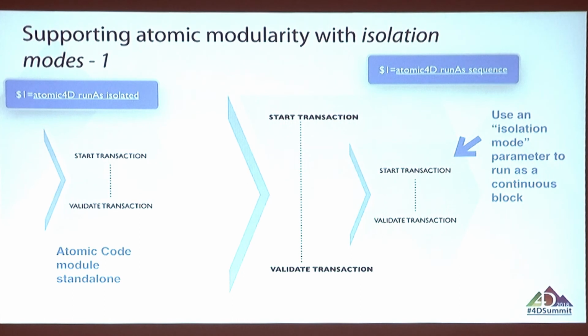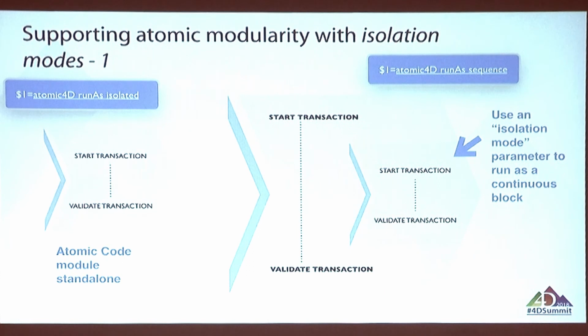This is simply a little point on modularity. If you write code with start transaction in it, that method may get called by another method that is also inside a transaction. So we don't know at the time that we develop the code how many layers down.